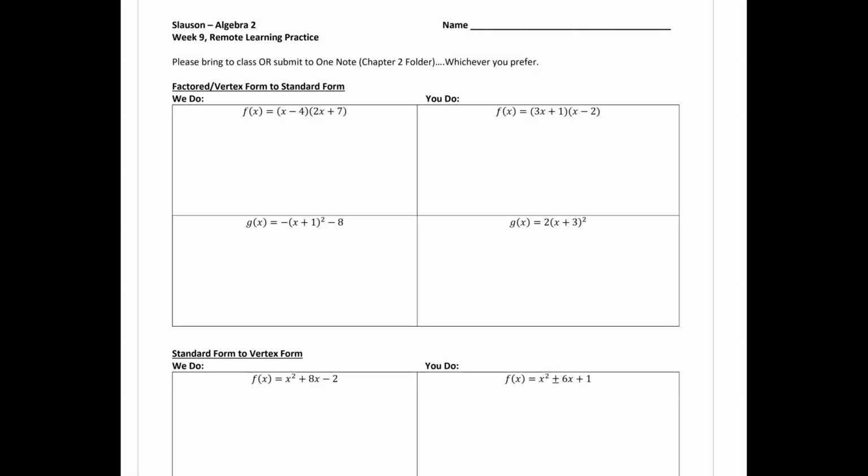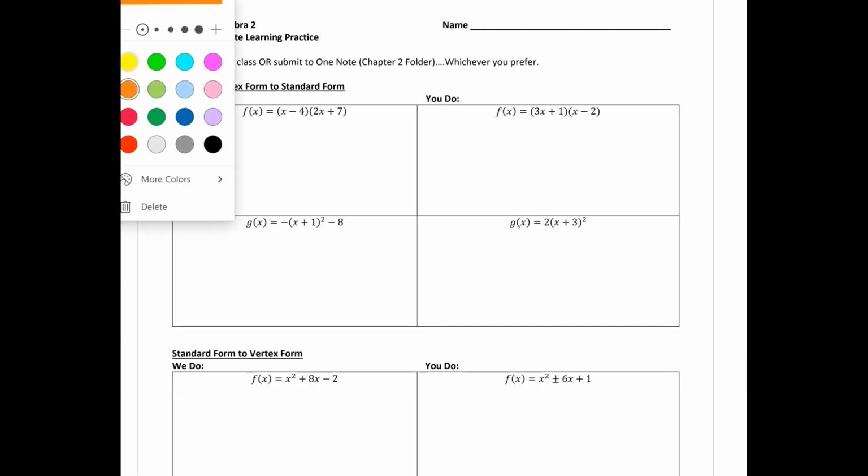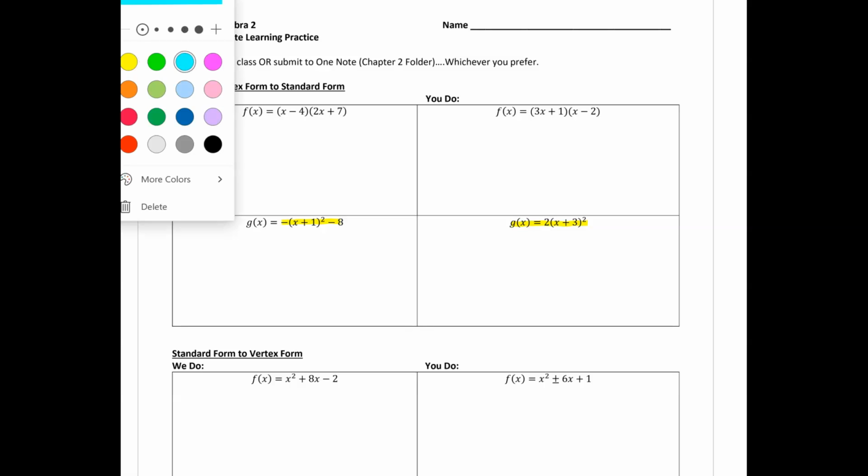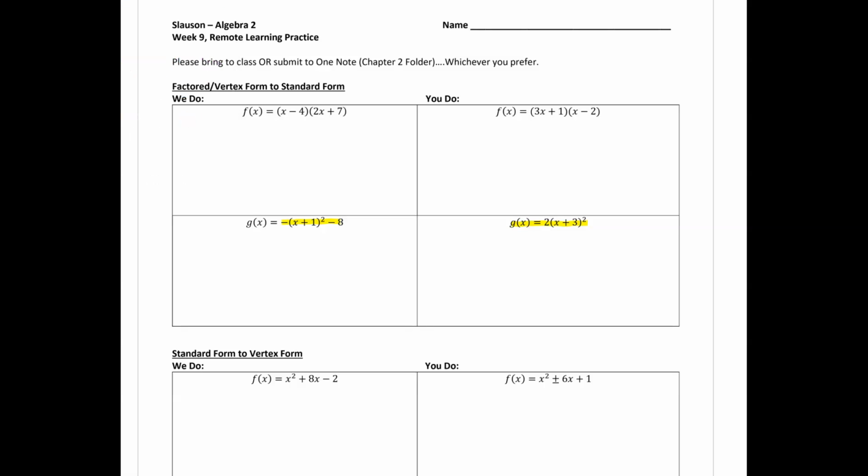So here we go. In the first section, we are going to talk about how you go from factored form to vertex form. So just a little reminder on this, vertex form, they both have parentheses, but vertex form, which is what these two are, has parentheses squared, whereas factored form has no squared.